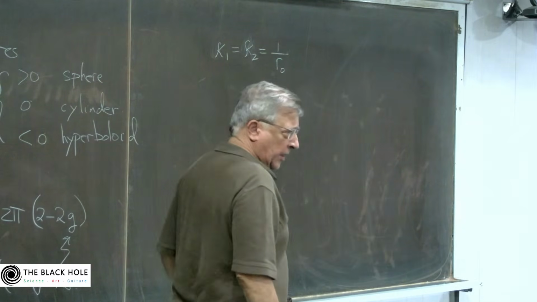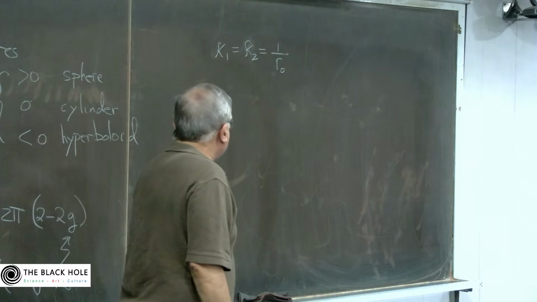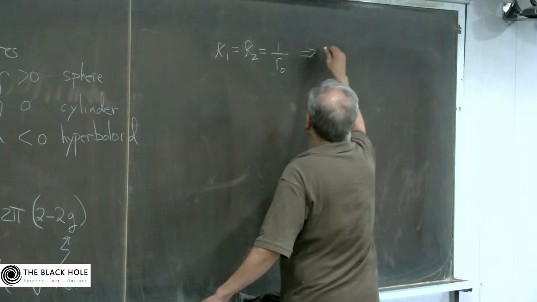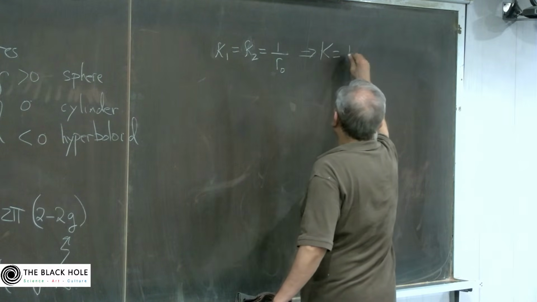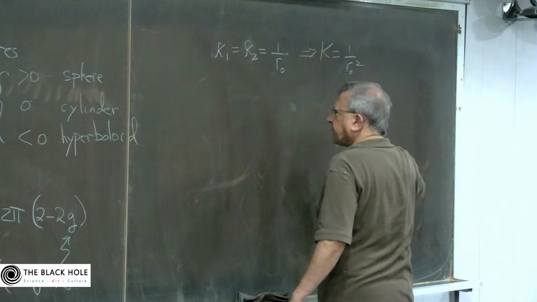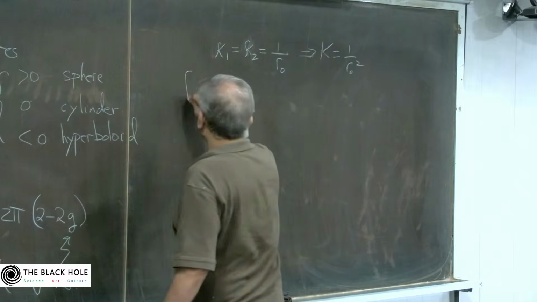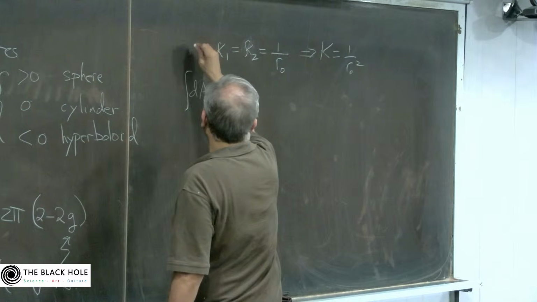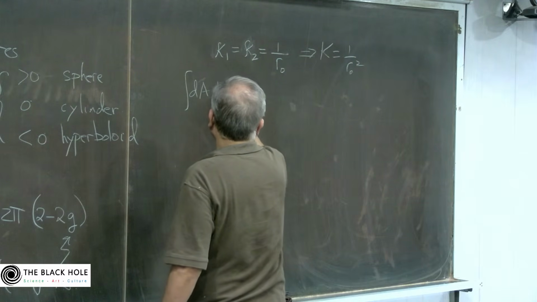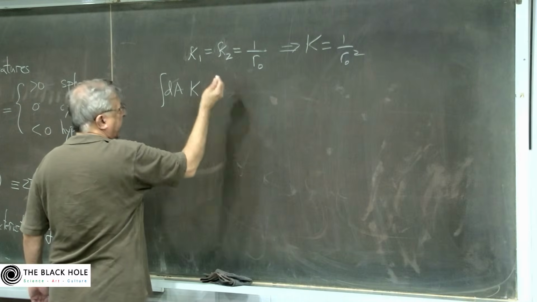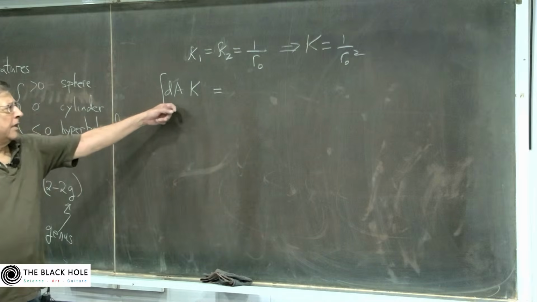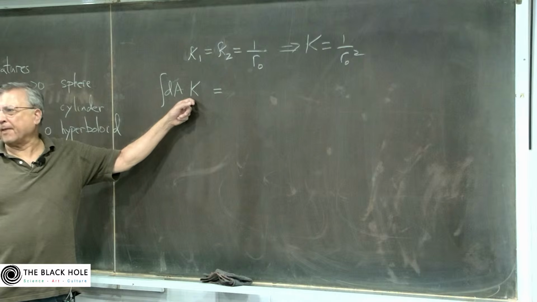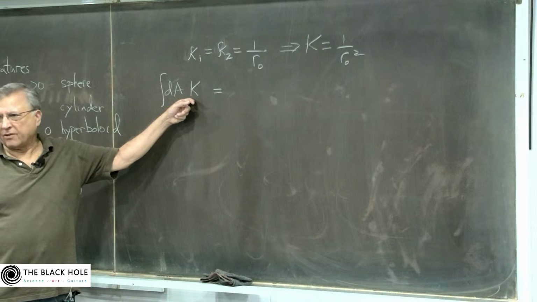R naught is the radius of the sphere. Well then, that says K is 1 over R naught squared. Then this dA, in this case, K is just a constant.